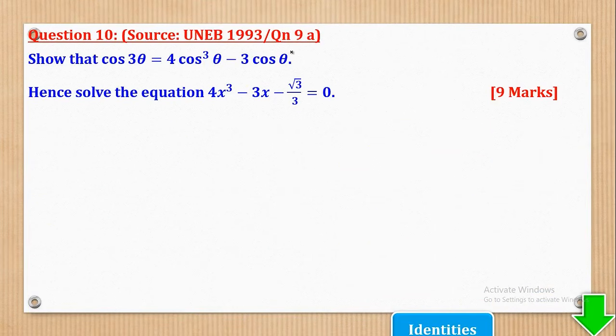Now we shall go to question 10, which came from UNEB 1993, paper 1, question 9a, and so that show that this is equal to this. I think you remember I told you that these identities can be proved.